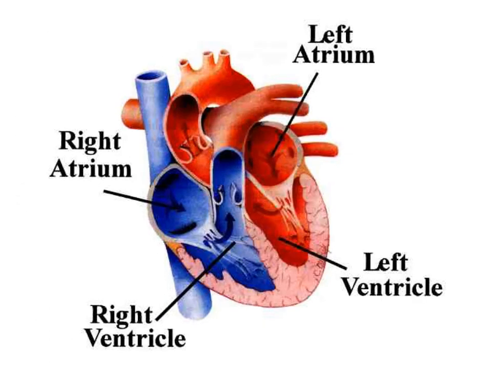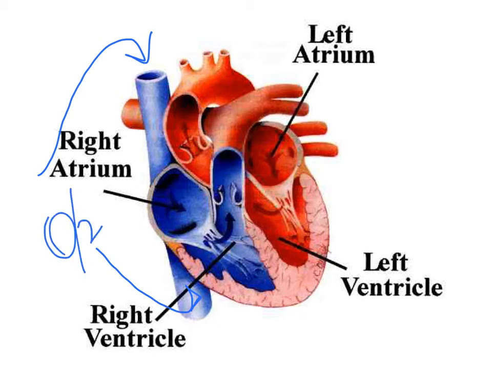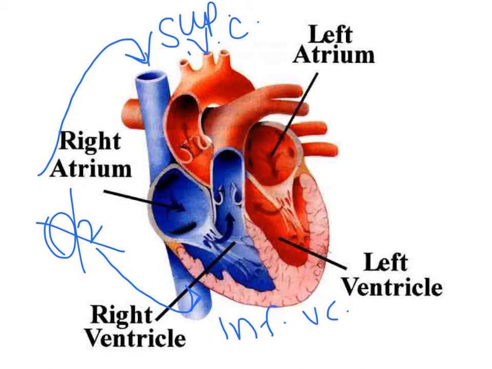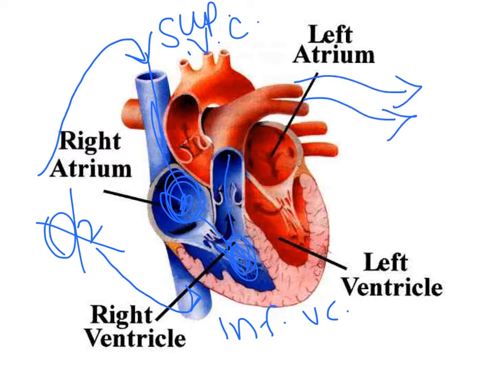Okay, so let's review the blood flow one more time. You have blood coming in from the body, okay, that doesn't have oxygen in it because it's dropped it all off on the body. It comes in the superior vena cava and the inferior vena cava, goes into the right atrium, then to the right ventricle, and then out the pulmonary artery.